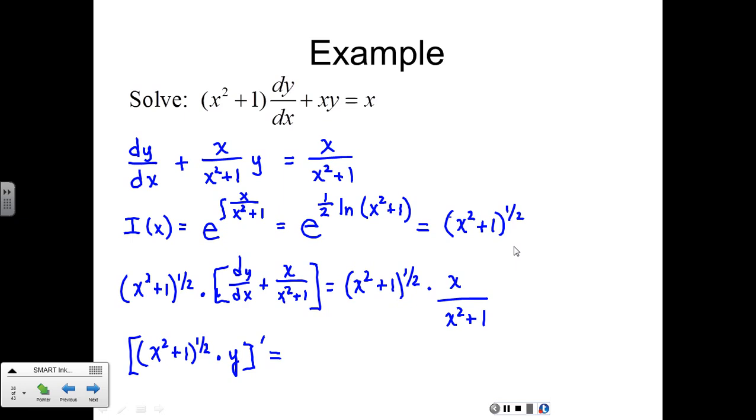Not until you get through with your integration step. You got to integrate on both sides first. X squared plus 1 to the 1/2, that will cancel with x squared plus 1, but what would my power be left? 1/2 on bottom. So that would be x over x squared plus 1 to the 1/2 when you multiply all that out. So we integrate both sides.